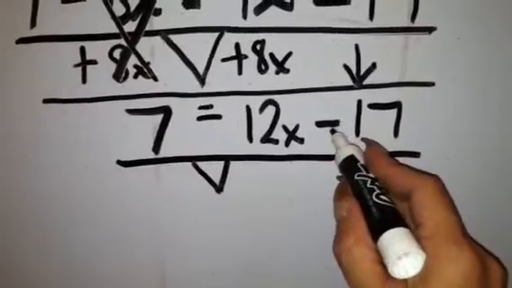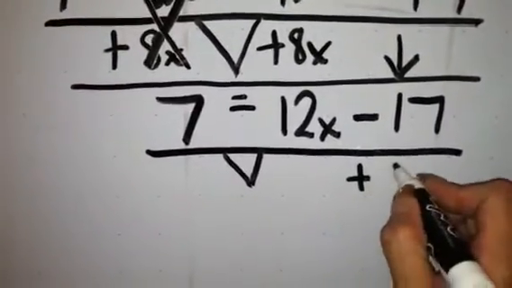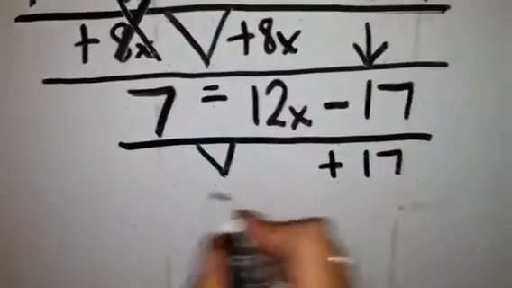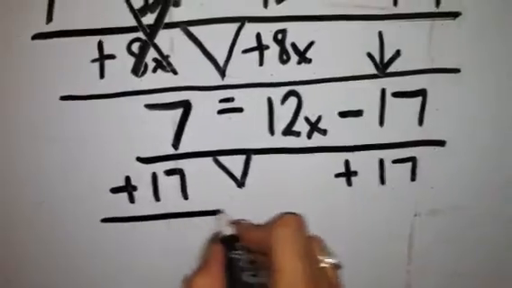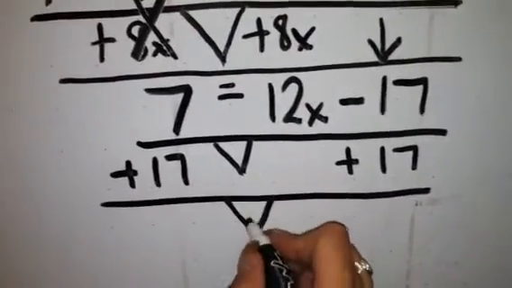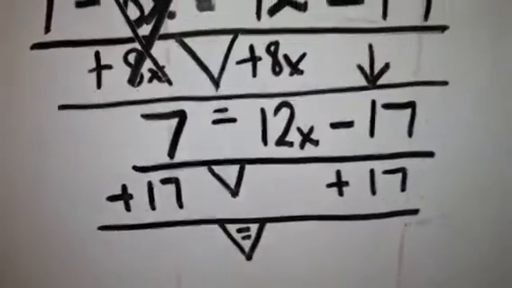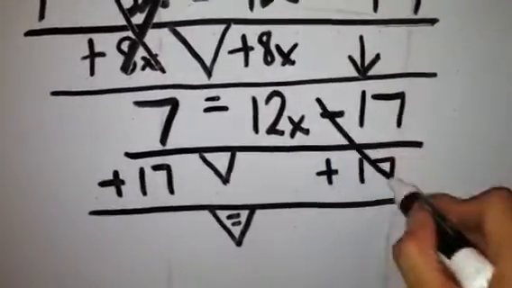And I've decided that since I'm subtracting 17, I'm going to add 17 to both sides. Draw this again. I'm going to create a balance scale again, and I'm going to put my equal sign inside. So if you look here, these obviously are going to cancel.